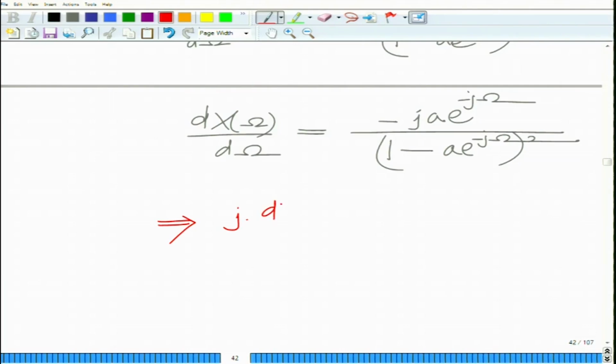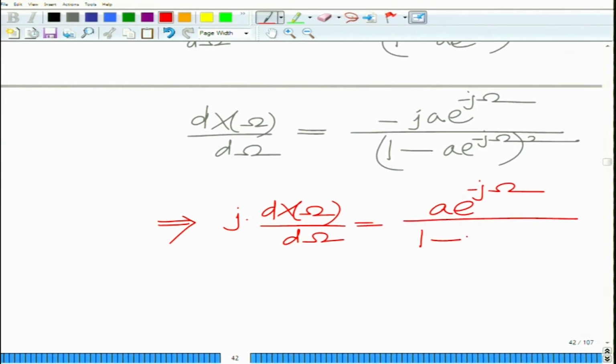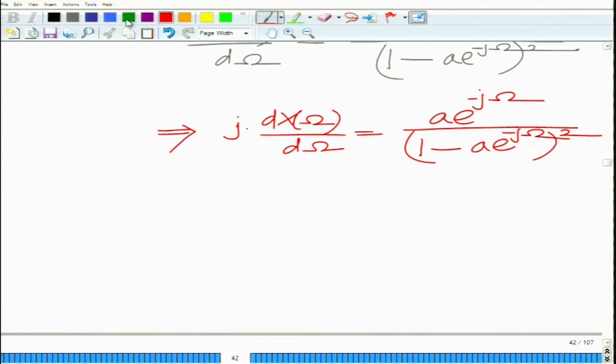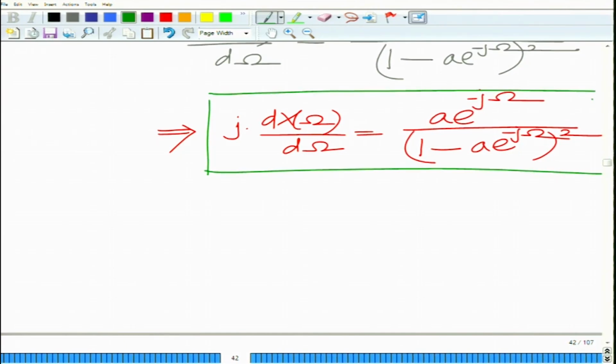Multiplying both sides by j, you will have minus j into j, which is 1. So on the right hand side, this will simply be a e raised to minus j omega divided by 1 minus a e raised to minus j omega whole square. That corresponds to j times the derivative of X(omega) with respect to omega.